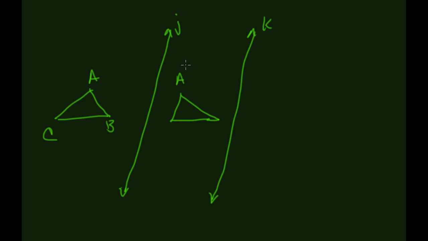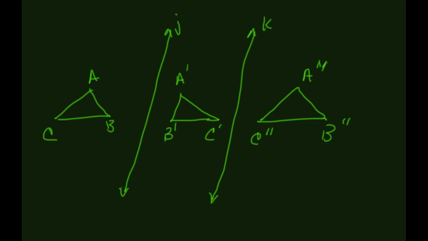There are a couple of specific cases that we want to look at. What happens if I have a composition of reflections over two parallel lines? This is similar to the example before. I have A, B, C. When this gets reflected over J, I end up with A prime, B prime, C prime. And this gets reflected over K, which gets me A double prime, B double prime, C double prime.